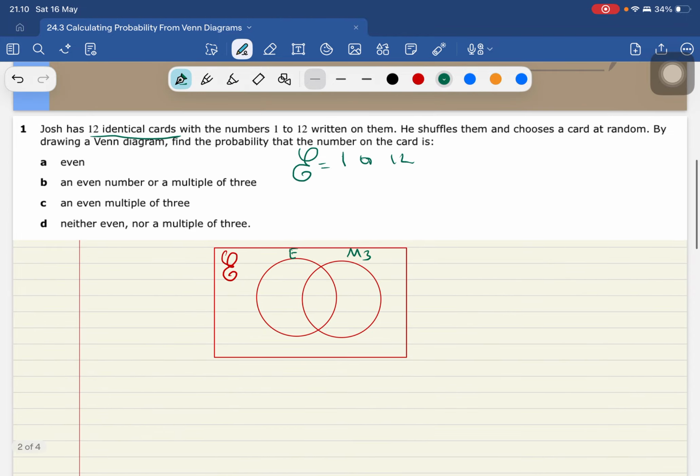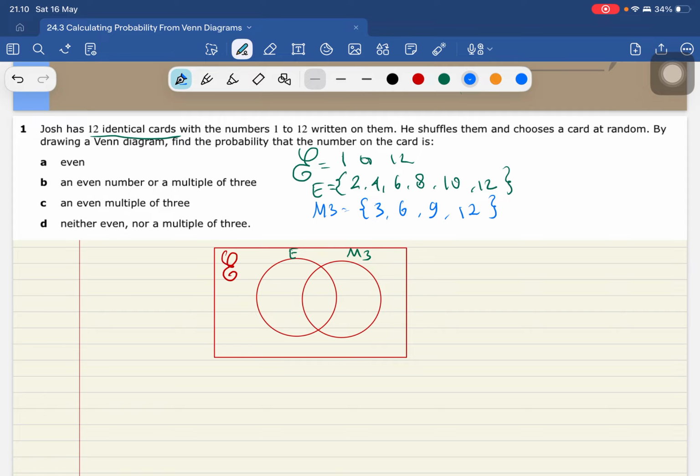Okay, so let us list the even numbers here. The even numbers are 2, 4, 6, 8, 10, and 12. Next, for the multiples of 3, we start with 3, 6, 9, and 12.